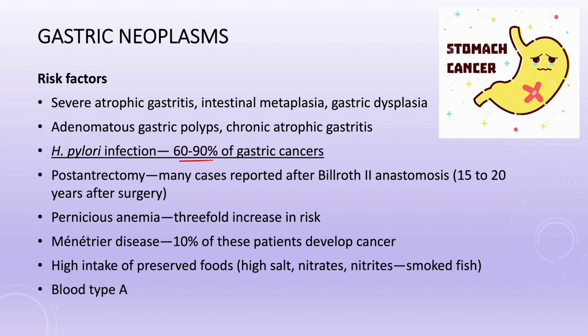We also have Menetrier disease, which causes hypertrophy of the inside of the stomach, where the stomach kind of looks like the brain. It's really uncommon, but something that I know is mentioned from time to time. Also, different diets like high salt, nitrates, nitrites, smoked fish, and then for some reason blood type A is more common to cause gastric type cancers.